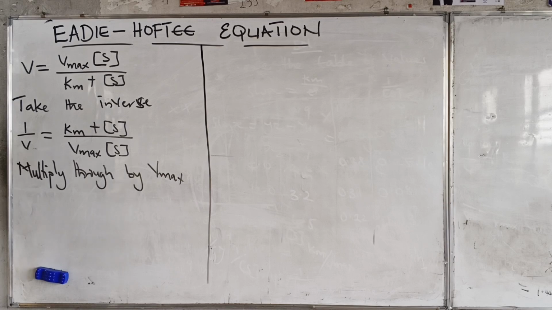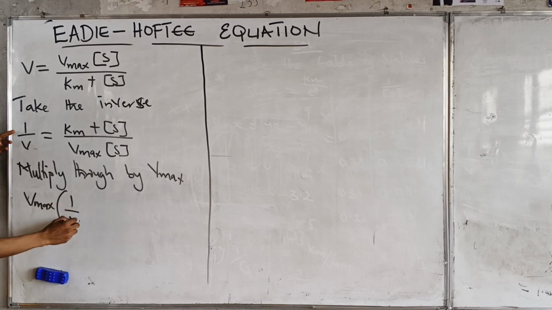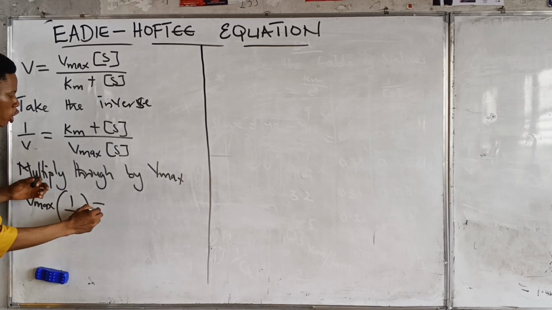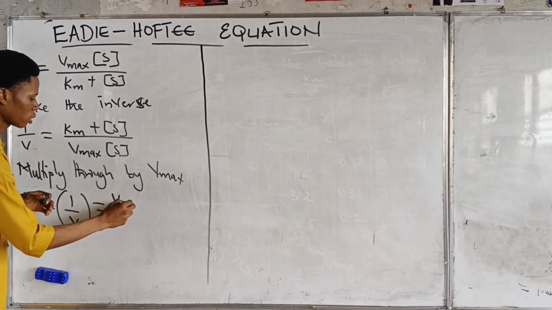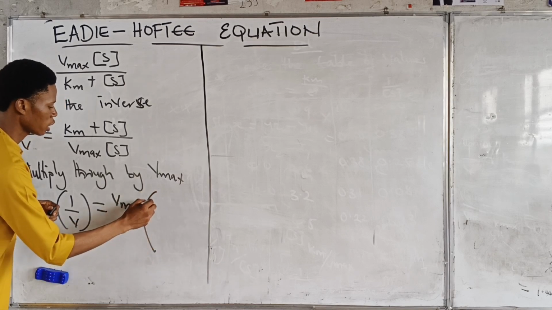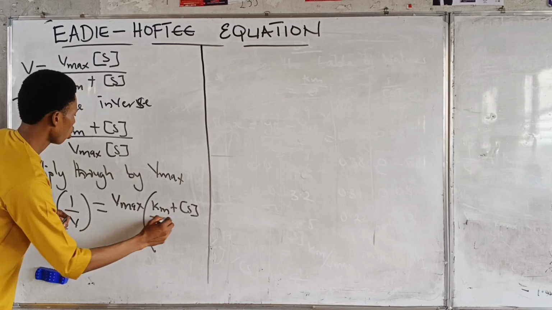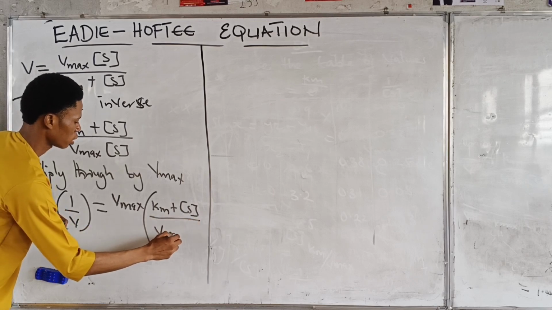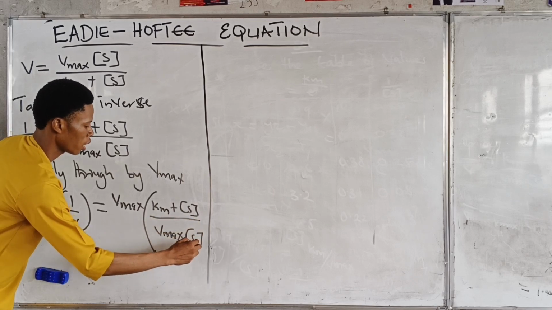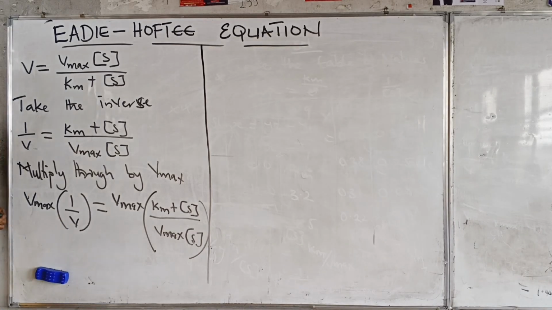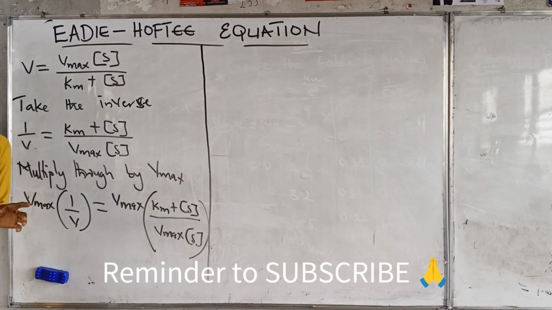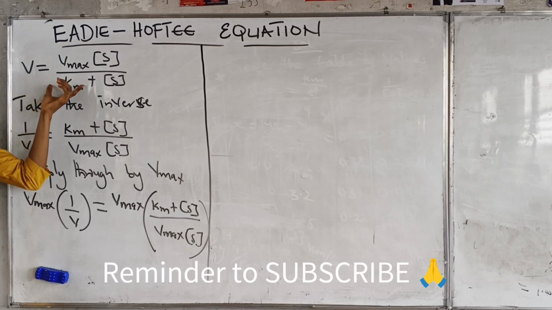So if you are multiplying through by Vmax, we'll be having Vmax times 1 over V, right? Equal to Vmax times Km plus S all over Vmax, S, right? The first step in the Eadie equation derivation, you write the Michaelis-Menten equation.